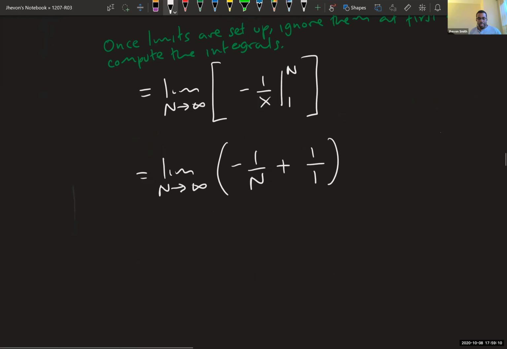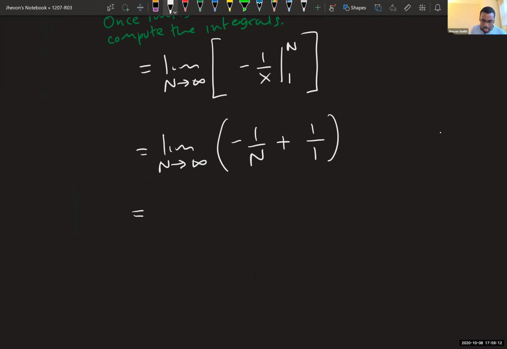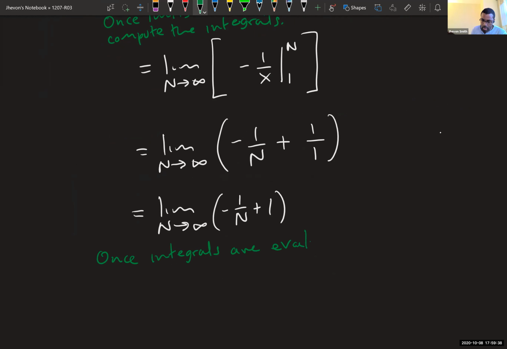Now what you'll realize is that I end up with the limit as n approaches infinity of minus 1 over n plus 1. So it's a limit problem, and I just take the limit of that. Once integrals are evaluated, then take the limits.